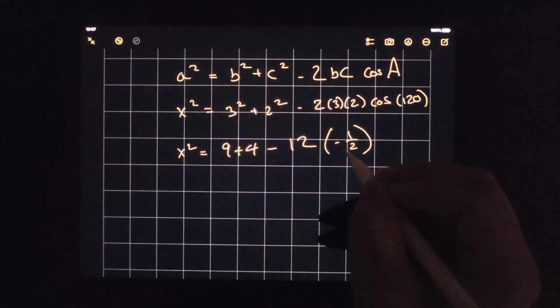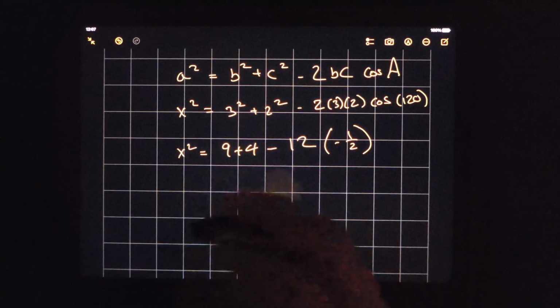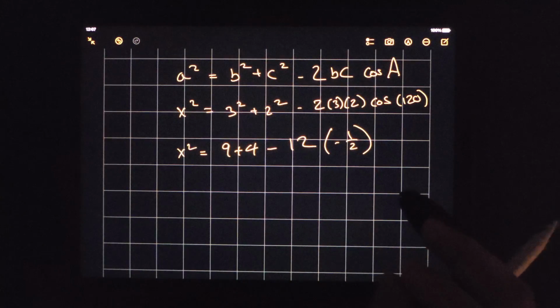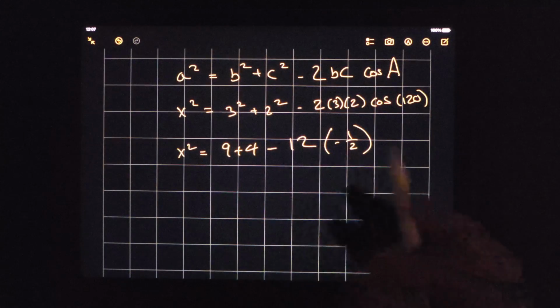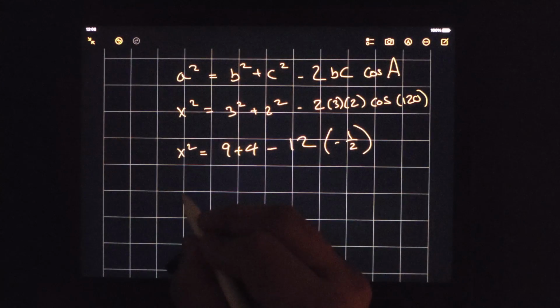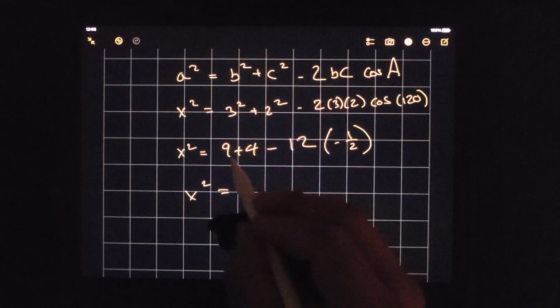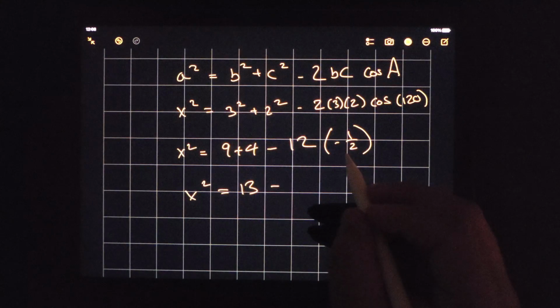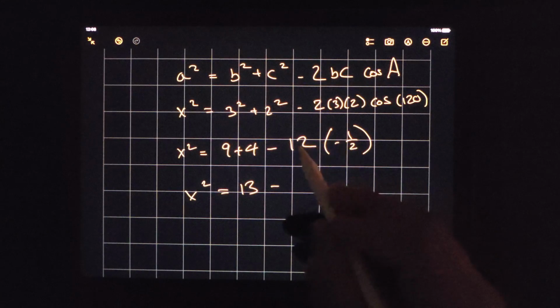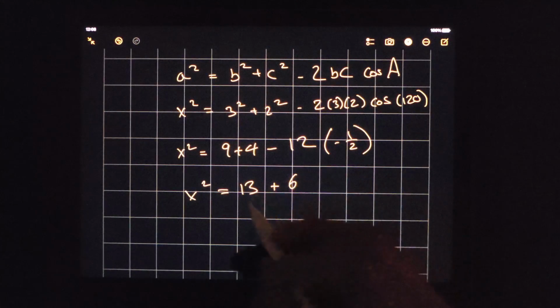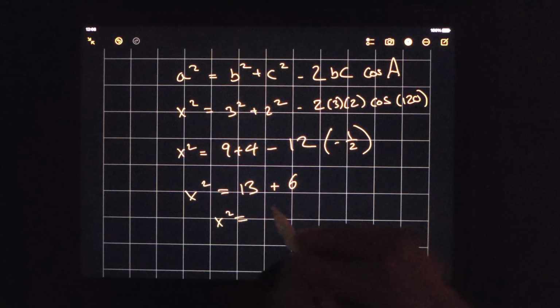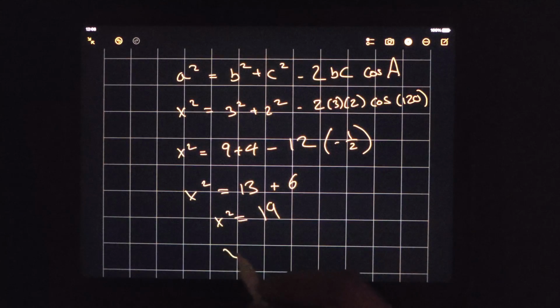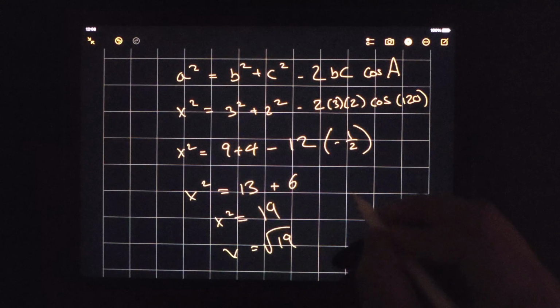You should be able to do that in your head. If you remember, I did a video on how to quickly find those special angles. So that is going to be 13 minus negative 6, so positive 6. x squared equals 19. So x is equal to root 19.